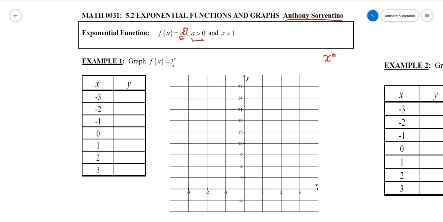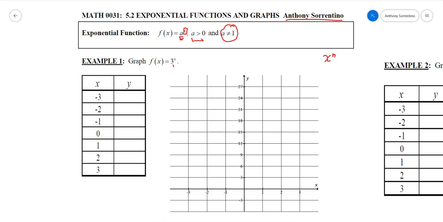What's important about that is if I have an exponential function, a has to be greater than 0, and a is not equal to 1. So we're assuming that a is not going to be 1 raised to some power, because 1 raised to some power is just 1.